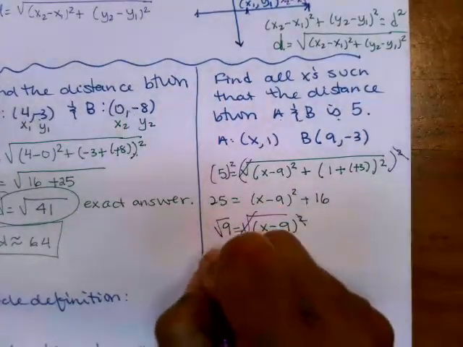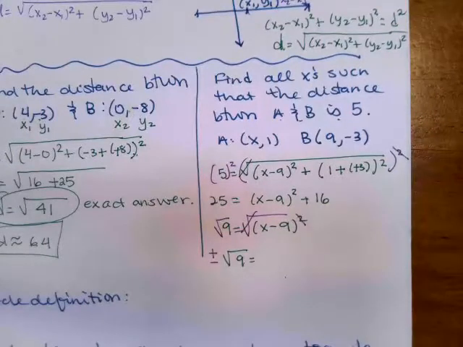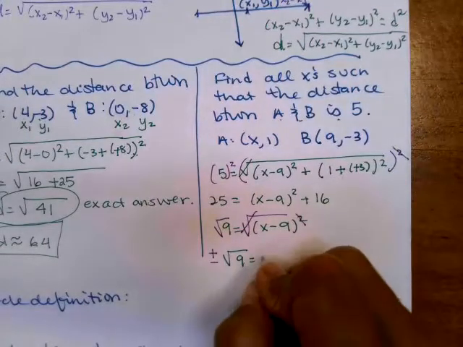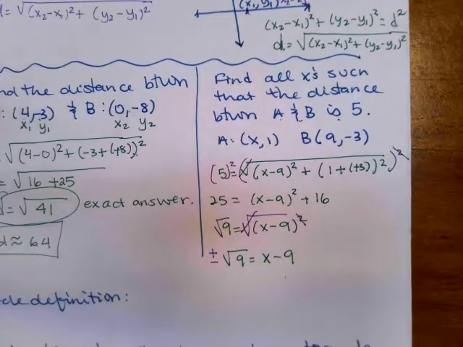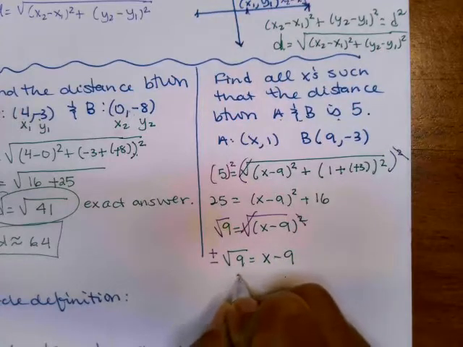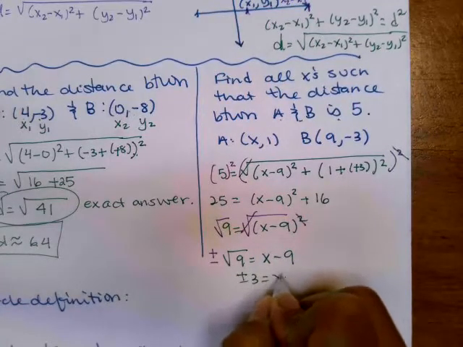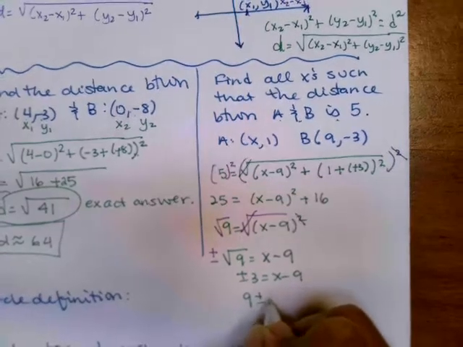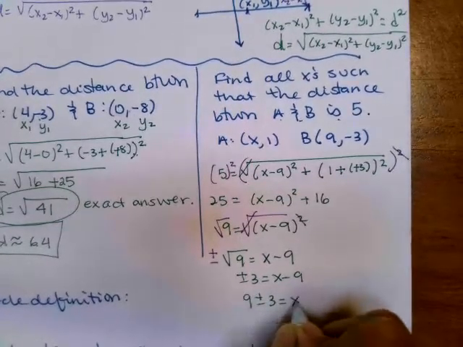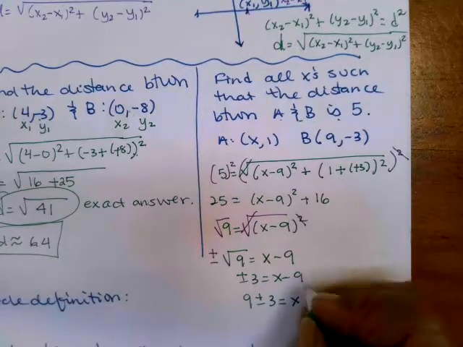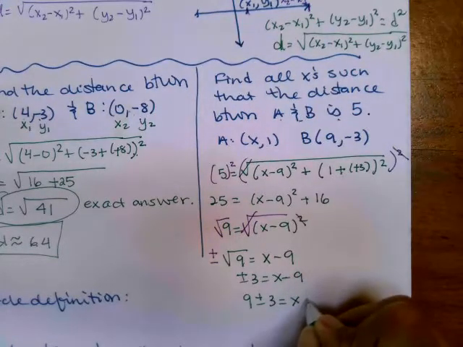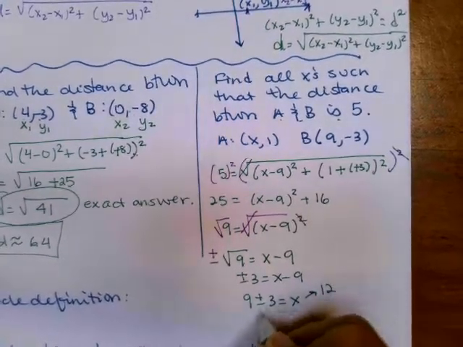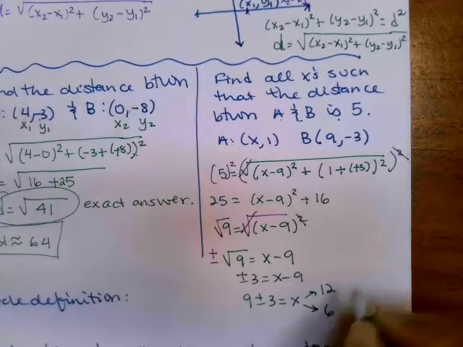When we do the square root property, we include the plus or minus with one of the sides. So what am I going to get? Plus or minus 3 equals x minus 9. Add the 9 to both sides. 9 plus or minus 3 are the x values. So what is that? 9 plus 3 is 12, and 9 minus 3 is 6.